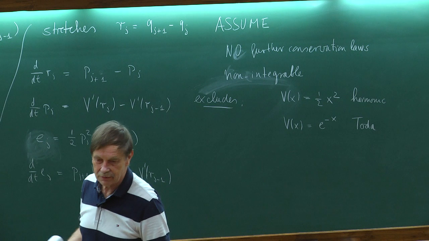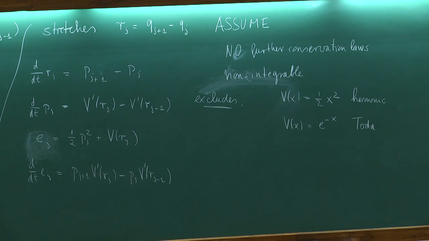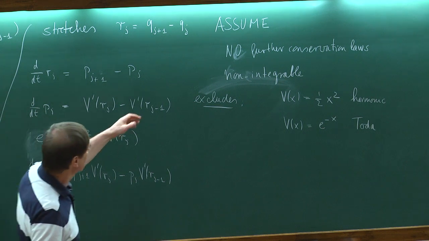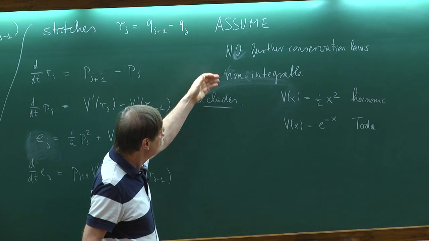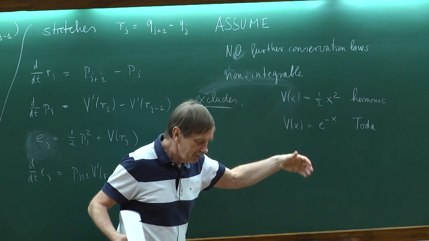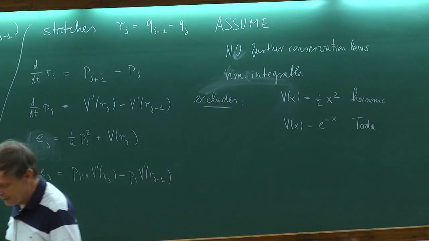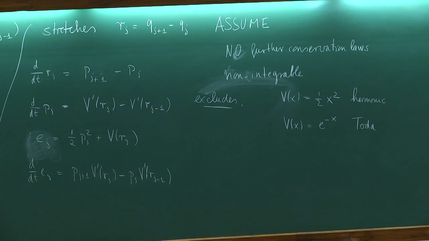They are simply there, and there's nothing to do about it. But they will behave totally differently from what I'm trying to tell you. So I clearly have to make this assumption that there are no further conservation laws. It's believed that maybe there are others which nobody has discovered, but people have looked for many years, so maybe it's not so easy to find anymore.